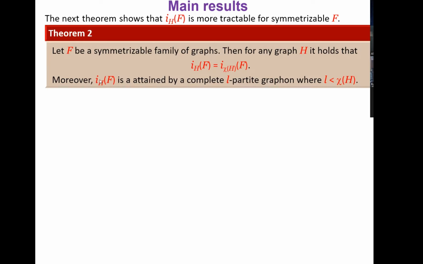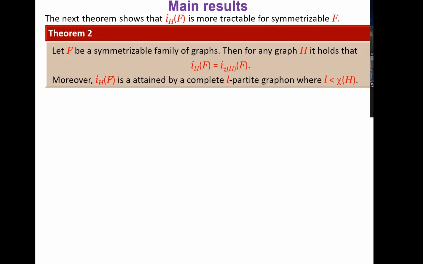But more importantly, the second line: moreover, the inducibility I_K(F), where K is the chromatic number, will always be attained, perhaps not uniquely, by a complete L-partite graphon, the graphons that we talked about earlier.